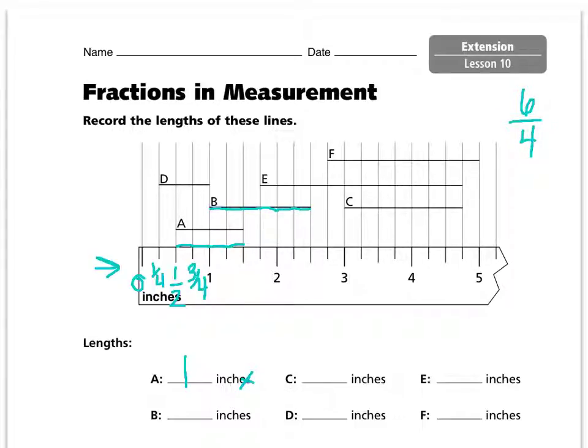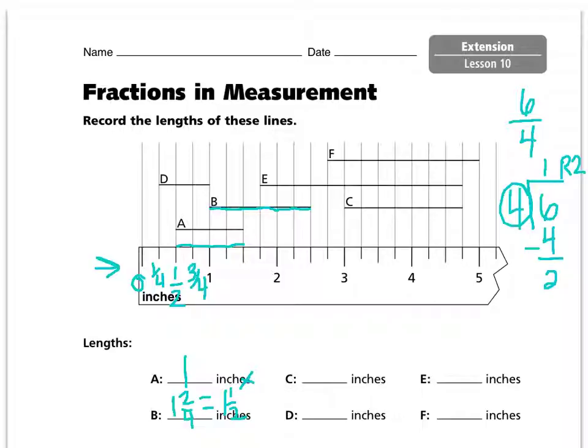I know that 6/4 can be reduced to a mixed number. 4 goes into 6 one time, and I have 2 left over, and I know that my whole number stays 1, my numerator is the remainder, and my denominator is the divisor. Let's write that in the right spot though. 1 2/4, which can be reduced down to 1 1/2.